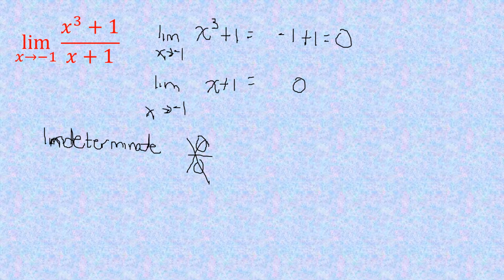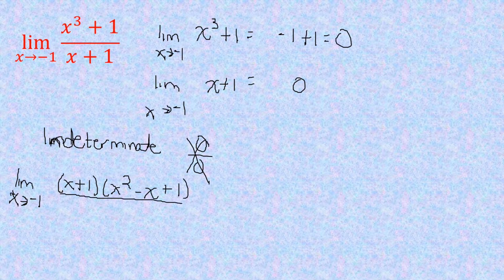So you can't come see me, but you can ask that question tomorrow in synchronous learning. So to factor, I'm going to keep saying the limit because I'm still taking the limit. To factor that, I get x plus 1 times x squared minus x plus 1, all over x plus 1, which remains the same.